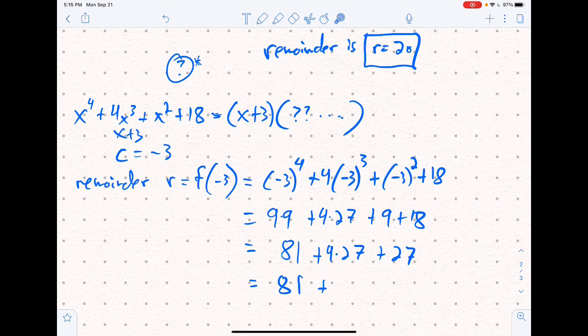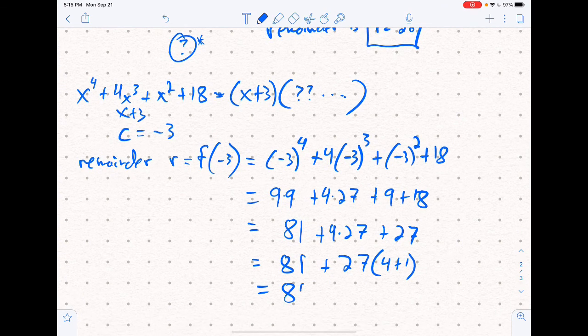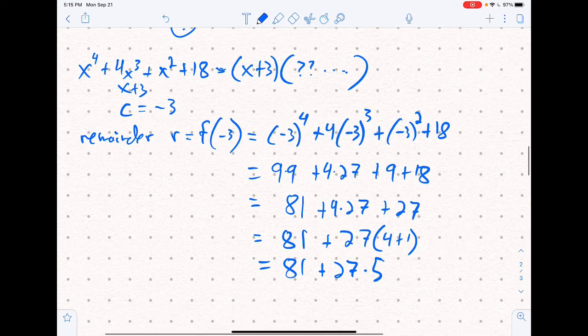I'm going to factor 27 out of those two. This is 27 times 4 plus 1, which is 81 plus 27 times 5. 27 times 5, I'll do that in my head by doing 27 times 10, that's 270, and then dividing it by 2. Half of 270 is 135. So this is 81 plus 135. And 81 plus 135 is 216, if I've done that correctly.